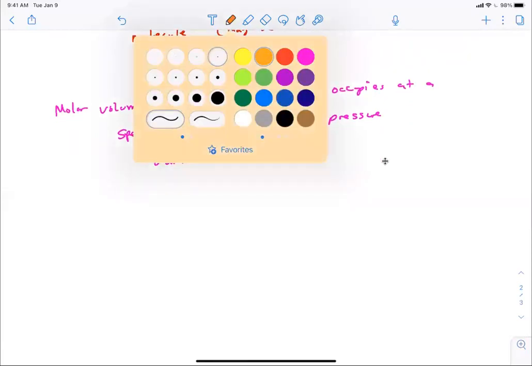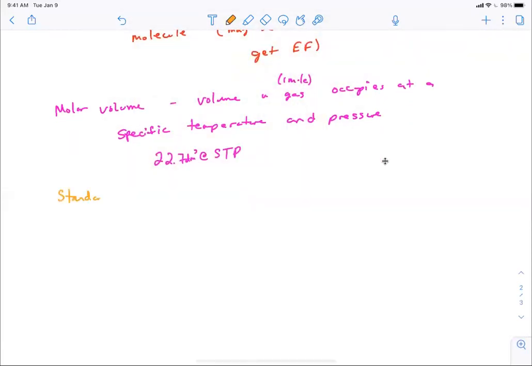Another term, and these terms we don't use as much, and so you may not have exactly memorized these definitions, so I'm trying to bring them back. Like a standard solution is one of known concentration.